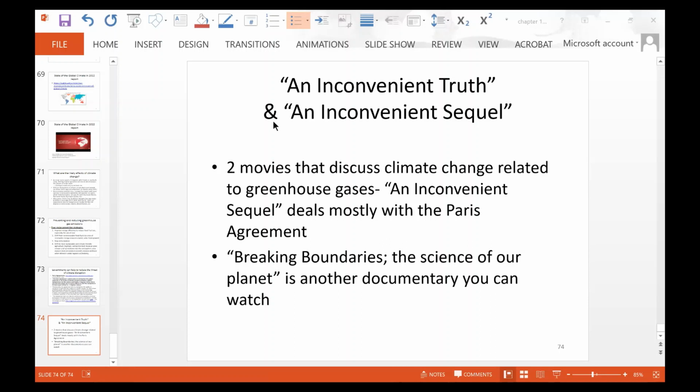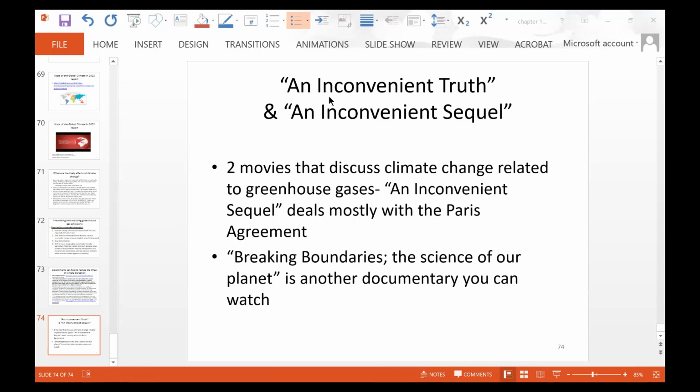Then also there is a movie called An Inconvenient Truth, and that was a movie with Al Gore. And then there was a sequel, which is called An Inconvenient Sequel. And the sequel deals mostly with the Paris Agreement.